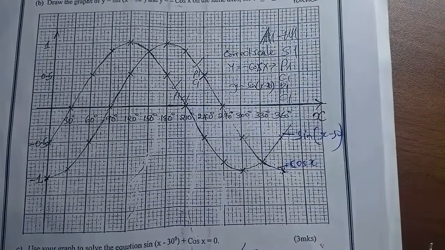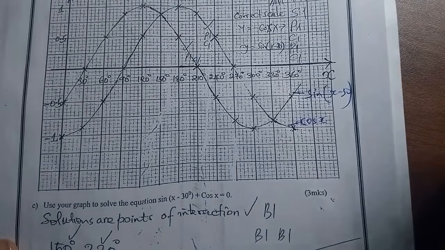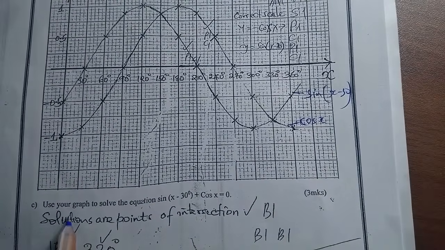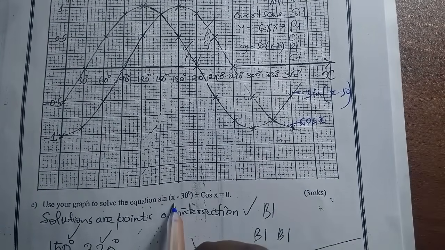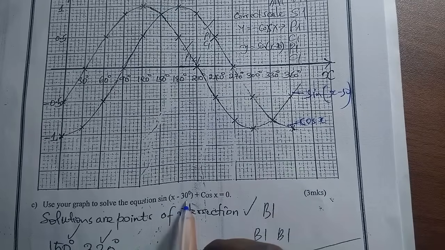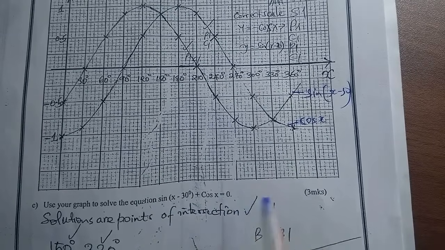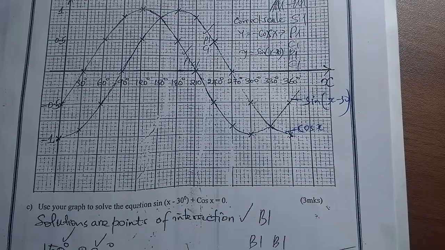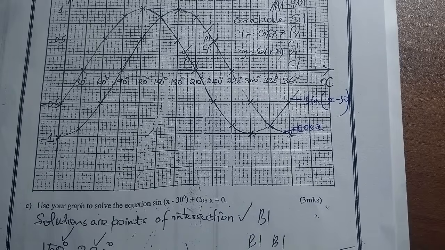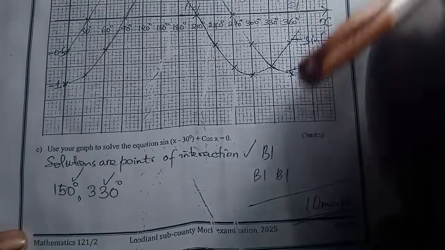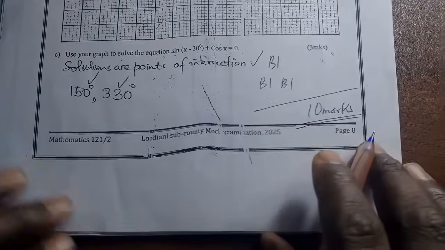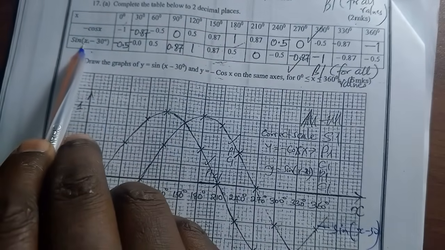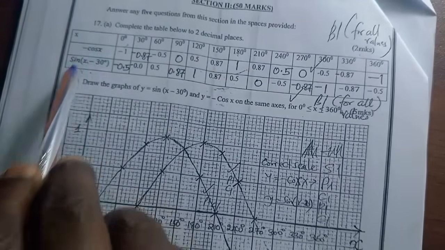Now the question part is where students get a problem. Use your graph to solve sine x minus 30 plus cos x equals 0. This is an equation. This is actually the same as what we were given: sine x minus 30, and negative cos x.